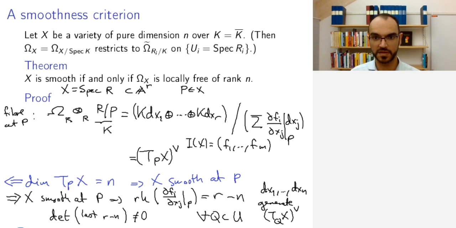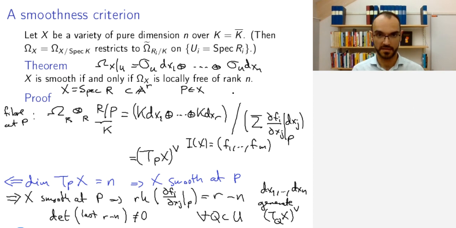And so if it's generated by dx1 to dxn, it is not greater than n. So this means that this is indeed a basis. In other words, we know that omega X at U is the free module generated by dx1 to dxn. And this is exactly the statement that omega X is locally free of rank n, because we can do this for any point P, finding a neighborhood around P.